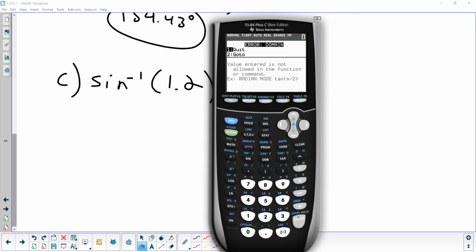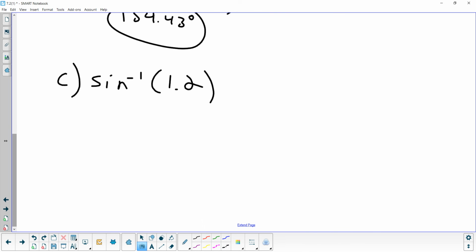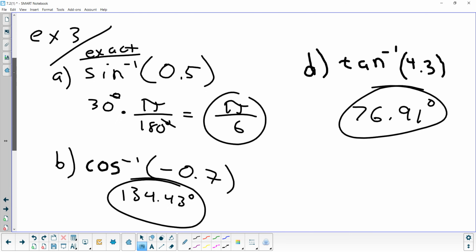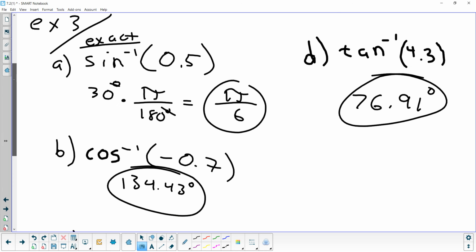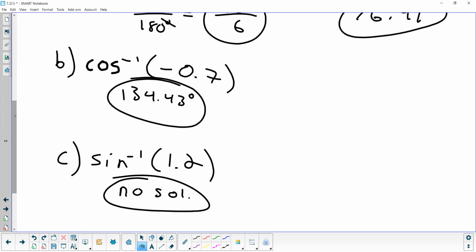It says that there's an error because you tried to plug in a number not in the domain. It's like taking the square root of a negative. If you're not using imaginaries, you can't do it. So this has no solution. Any questions on that?